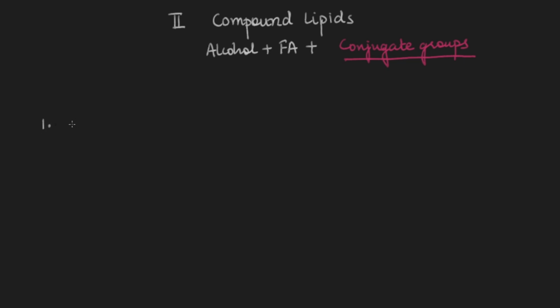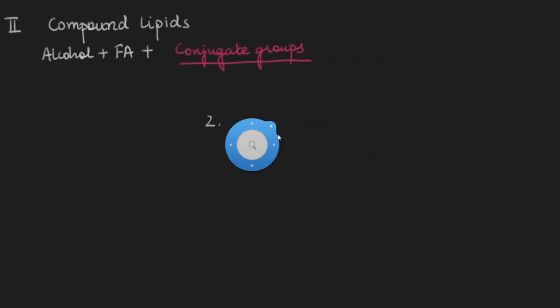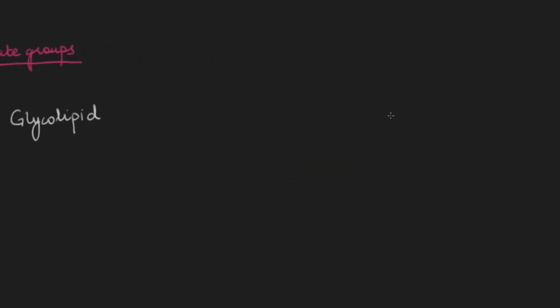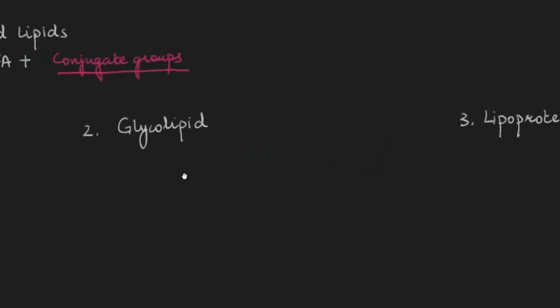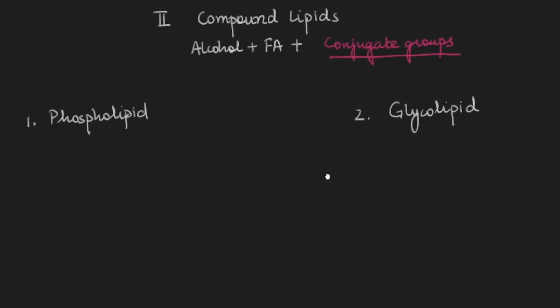First is phospholipid, second is glycolipid, third is lipoprotein. So their names suggest what conjugate groups are attached.